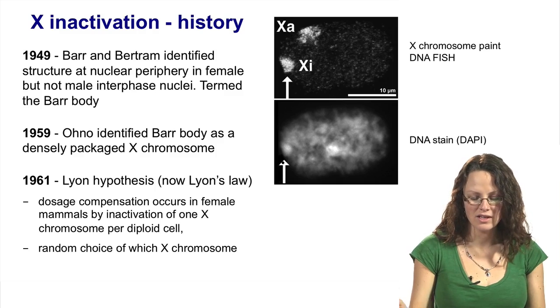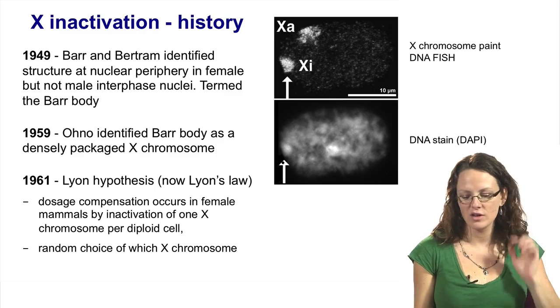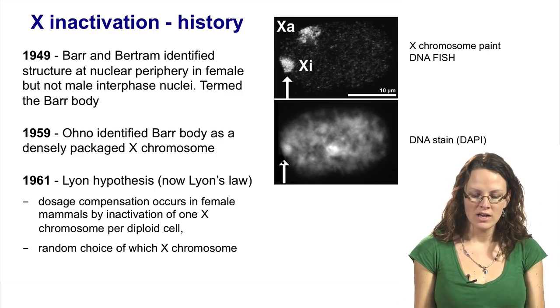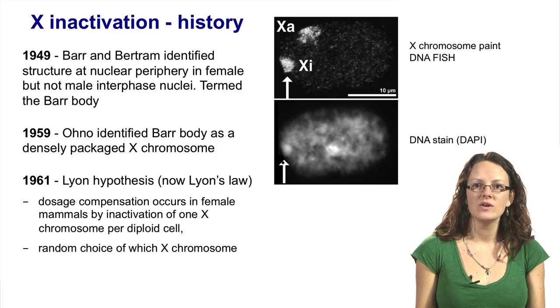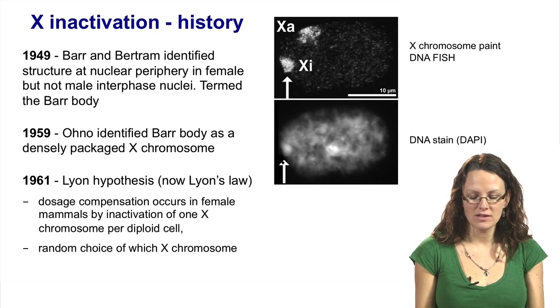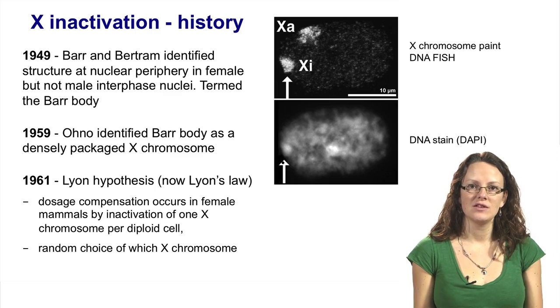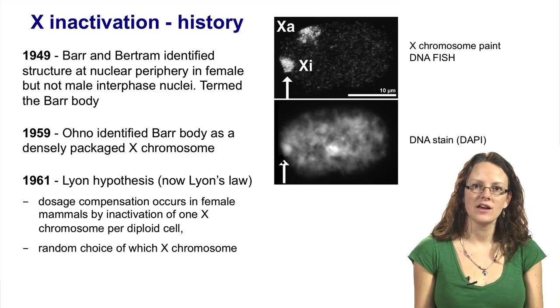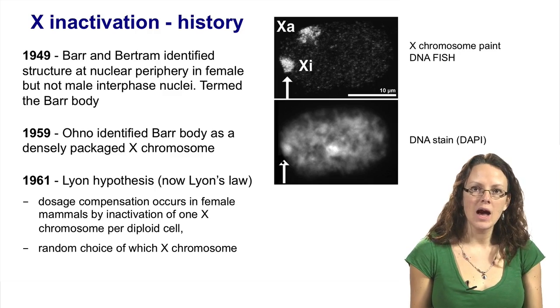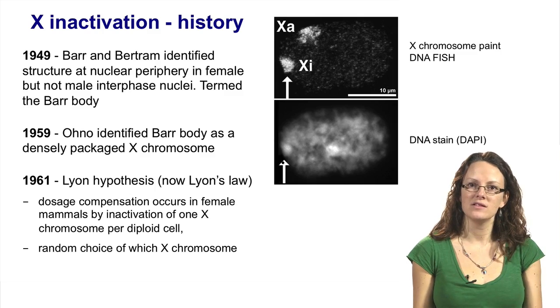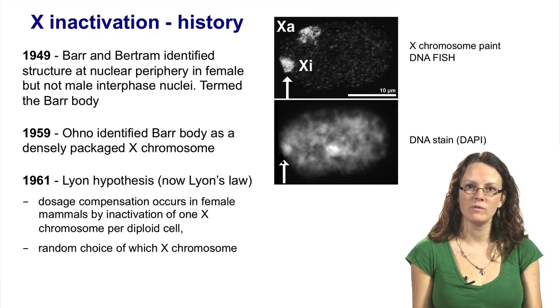So you can also see another image, which is a further image related to this first one. On the lower panel we're staining just DNA, and you can see a denser region of DNA at the nuclear periphery indicated with the arrow, the Barr body. But in the upper panel, what we're looking at now is X chromosome DNA, and this is painted with a chromosome paint.